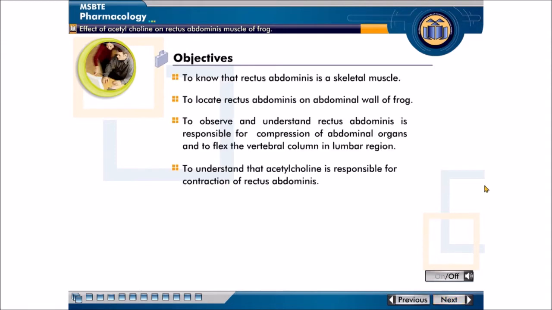Objectives of this experiment are to know that rectus abdominis is a skeletal muscle, to locate rectus abdominis on abdominal wall of frog, to observe and understand rectus abdominis is responsible for compression of abdominal organs and to flex the vertebral column in lumbar region, to understand that acetylcholine is responsible for contraction of rectus abdominis.